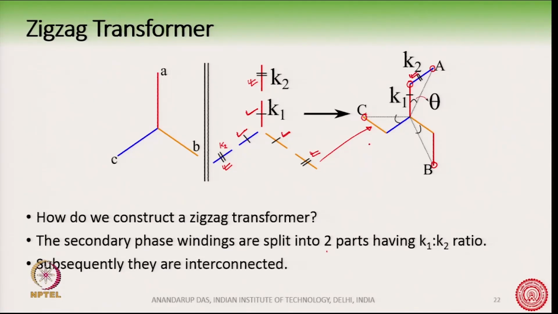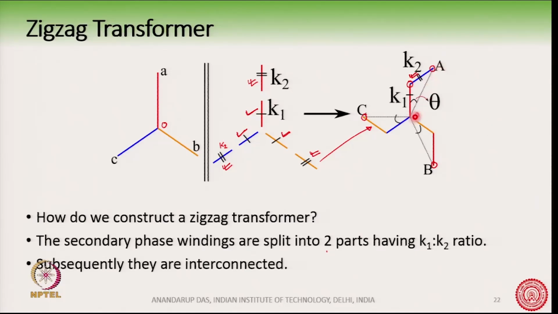There is a particular phase shift between the input side voltage and the output voltage. For example, this is the O point and this is also an O point, O small a and O capital A here. Suppose in the primary side we have O small a, this is the primary voltage, and O capital A, this is the secondary voltage, once we have interconnected.